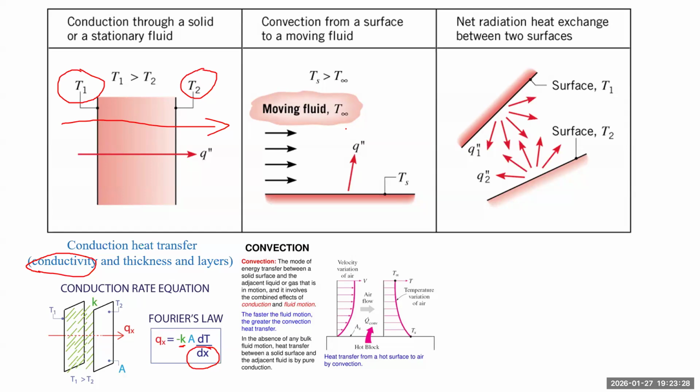This is the way, because between the moving fluid and the roof, for example in the afternoon the roof is at 50 degrees Celsius and the incoming wind is at 30 degrees, there is still convection heat transfer.